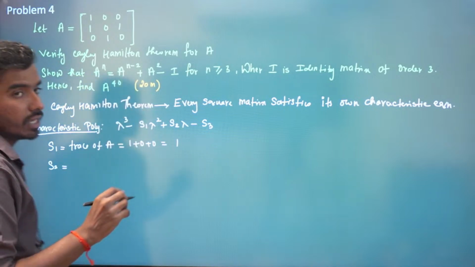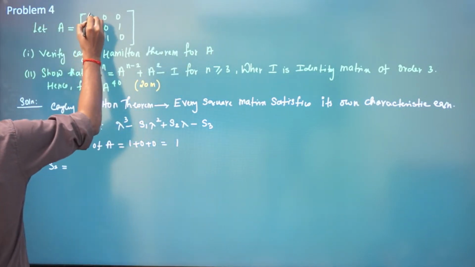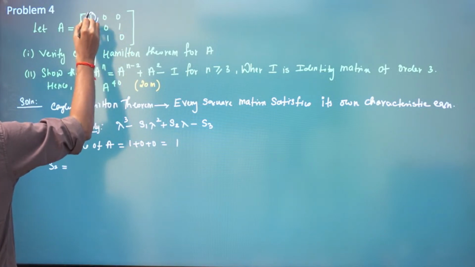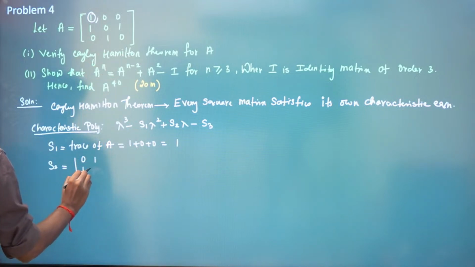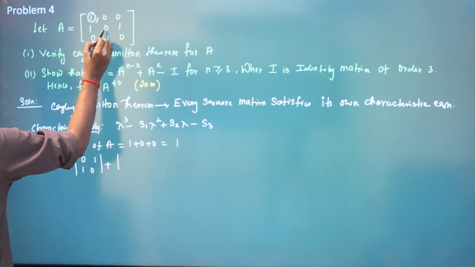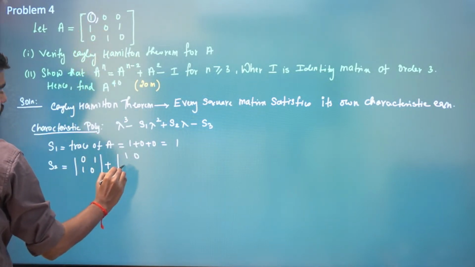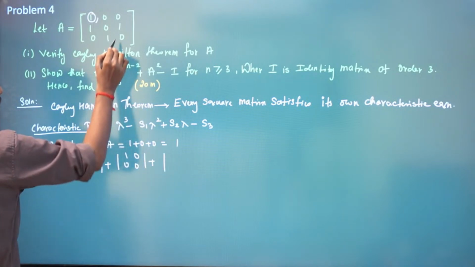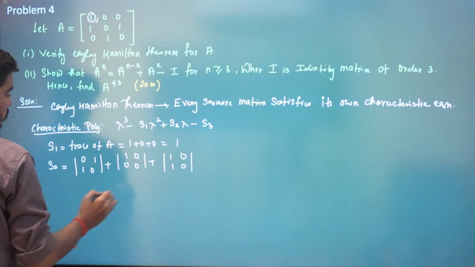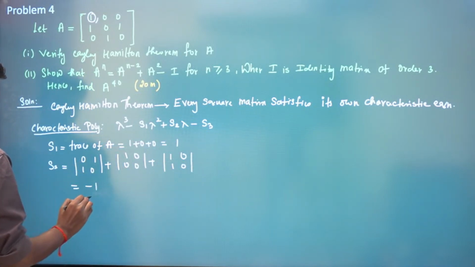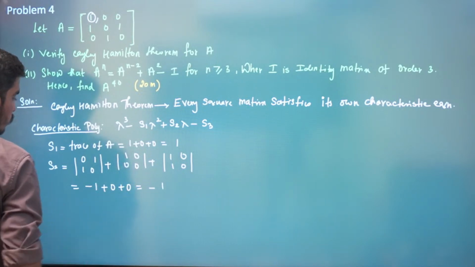S2 is the sum of the minors of the diagonal elements. So the minor for 1 corresponds to 0 1 1 0, and the minor for this diagonal is 1 0 0 0, and the minor for this will be 1 0 1 0. So this will be 0 minus 1 0 0. So minus 1 is the value for s2.